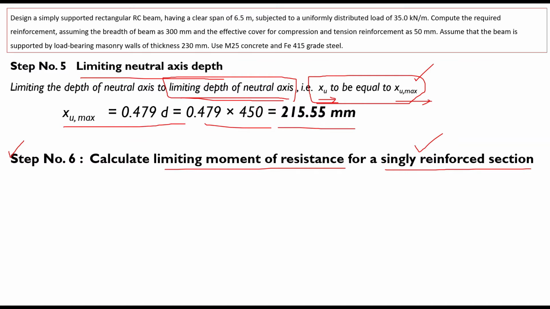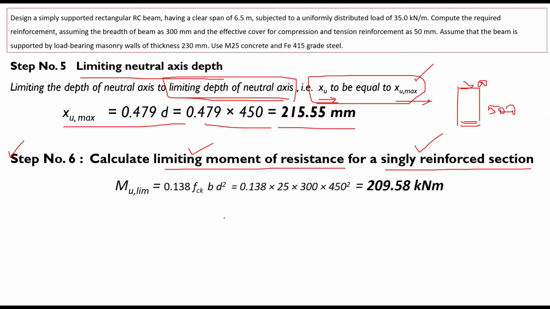That means if you are designing a beam having overall depth of 500 and width equal to 300 mm, and you are providing only singly reinforced, what is the limiting moment of resistance?